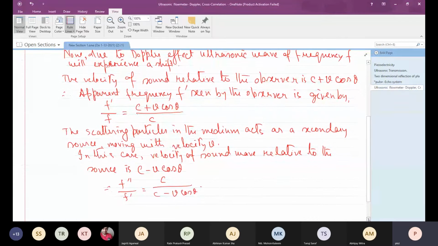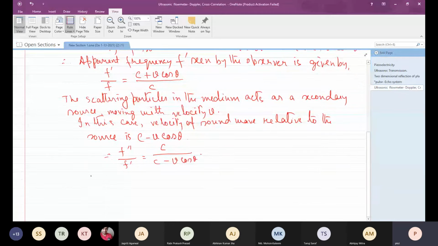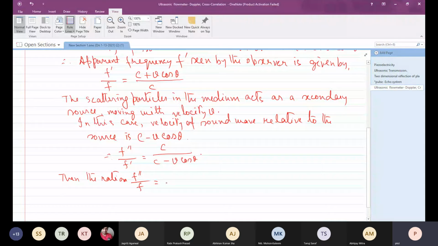So from this we can take the ratio of f double dashed and the original frequency f. Then the ratio f double dashed by f is equal to (c plus v cos theta) divided by (c minus v cos theta).